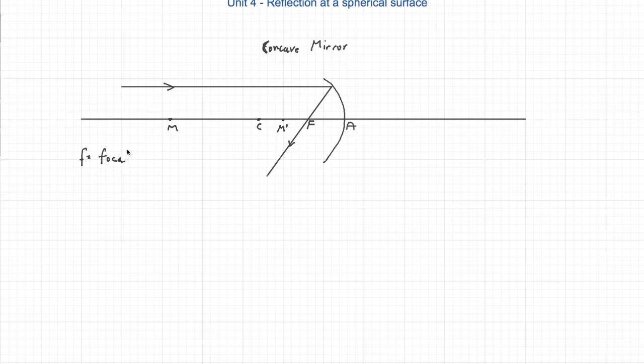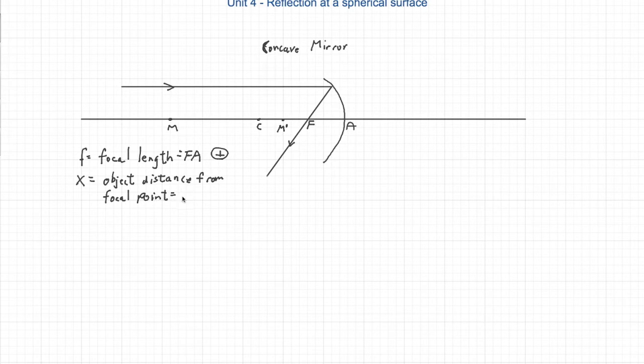So, we define our focal length as the distance from the focal point to the vertex. That's FA, and for a concave mirror, that's a left to right positive direction. We can also define our object and image distances with respect to the focal point rather than with respect to the vertex. So we say x is the distance from the focal point to the object, FM, like the radio band.